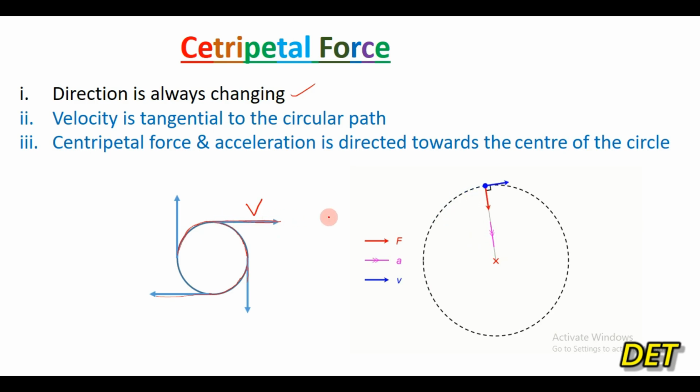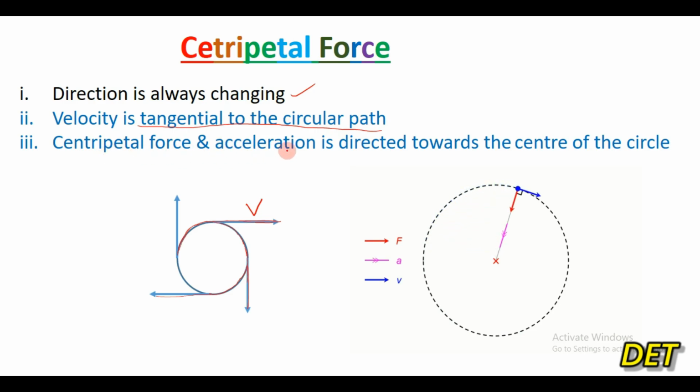Once it loses that centripetal force that keeps it moving in that circular path, it flies away with that tangential velocity. So this is a very important point that the velocity of an object undergoing a circular motion is tangential to the circular path.